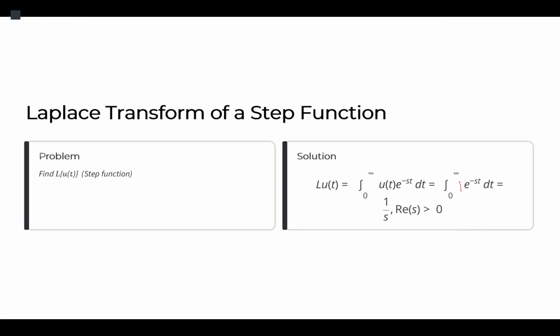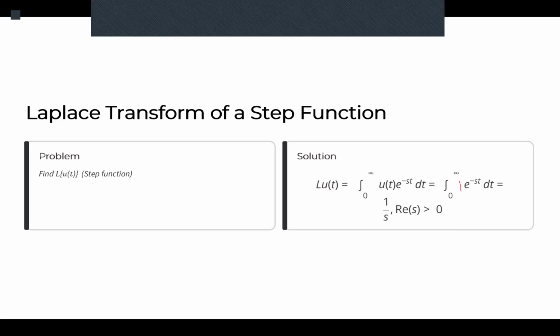Now, when we want to solve the integral, we have to take the integral of e to the power of minus st from 0 to infinity. We know that the integral of e to the power of minus st is minus 1 over s times e to the power of minus st, and we run the integral from 0 to infinity.